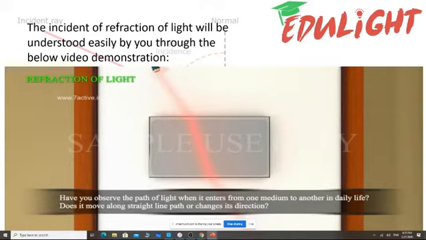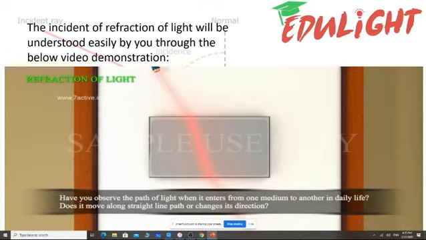During reflection of light, when light is incident on a surface, especially a mirror, it reflects back to the original position from where the light is incident.